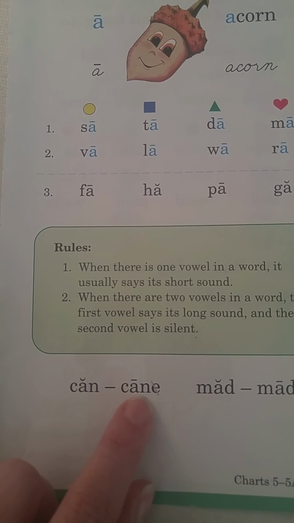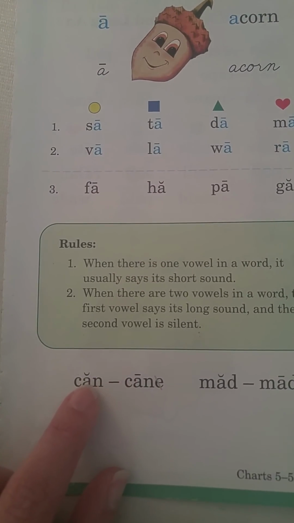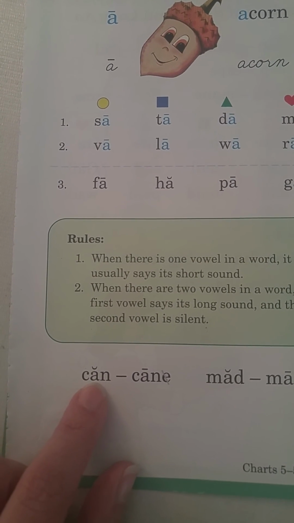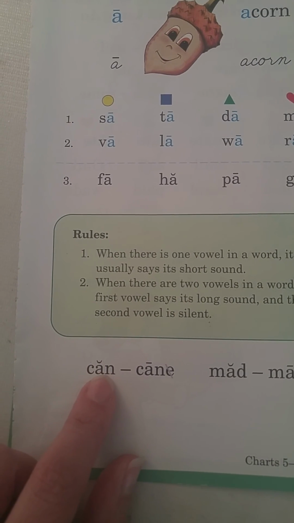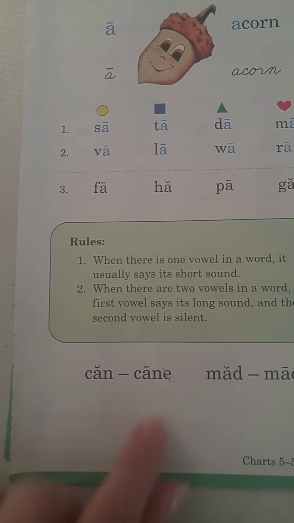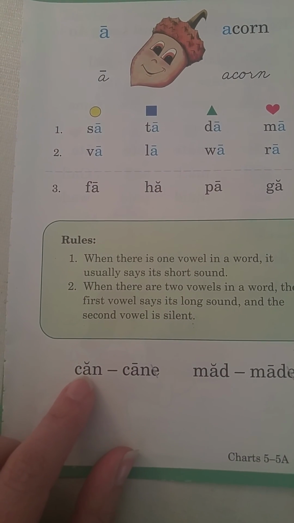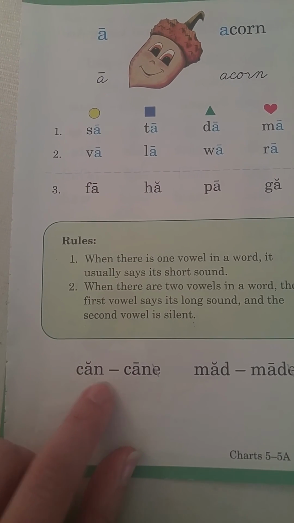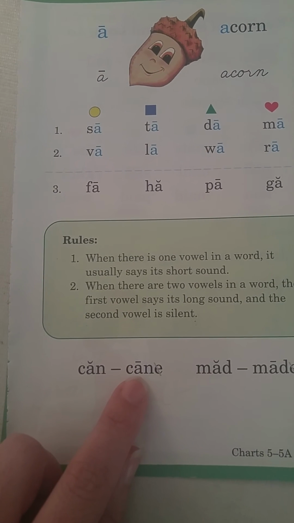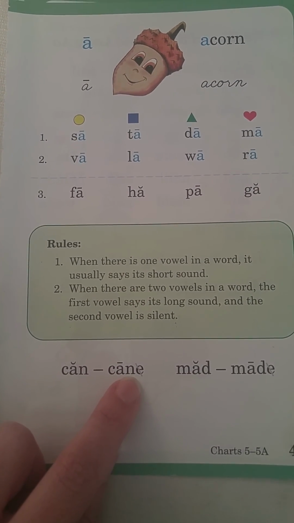So we have cane, and this one is can. Can is spelled C-A-N. Cane is spelled C-A-N-E. If you spell a word one way, it's going to sound like this, can. And if you spell this word with an E, it's going to be cane. Okay, and we'll go over these papers on our next video.